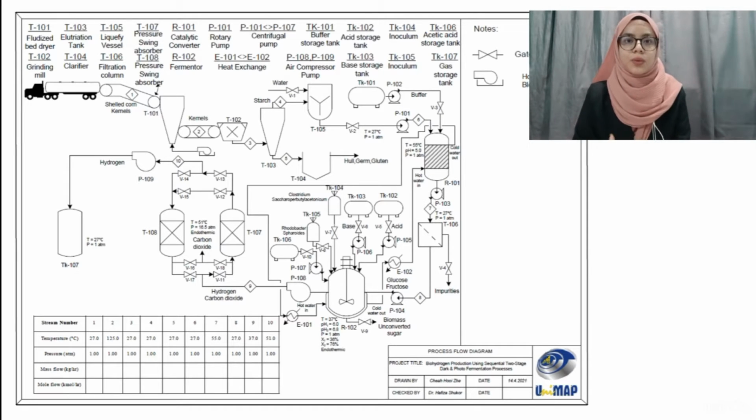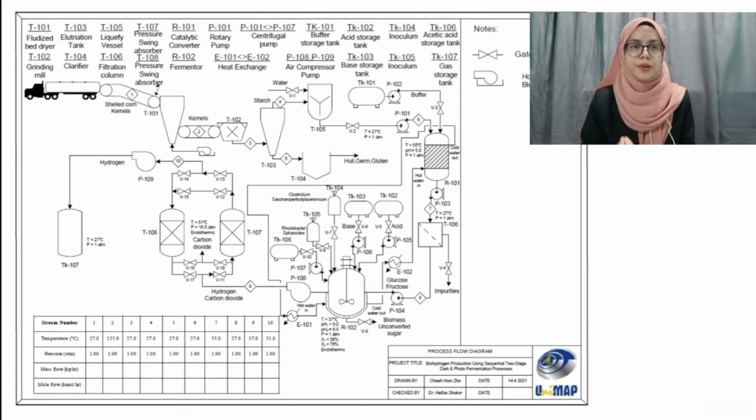The ground kernel will go to T10T, which is the illustration tank. The function of the illustration tank is to separate the starch particle. The starch particle will go through stream number 5 to T105, while germ, hull, and gluten will be disposed as waste in T104.